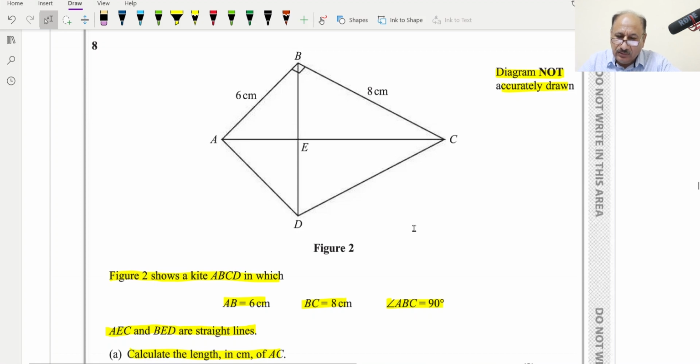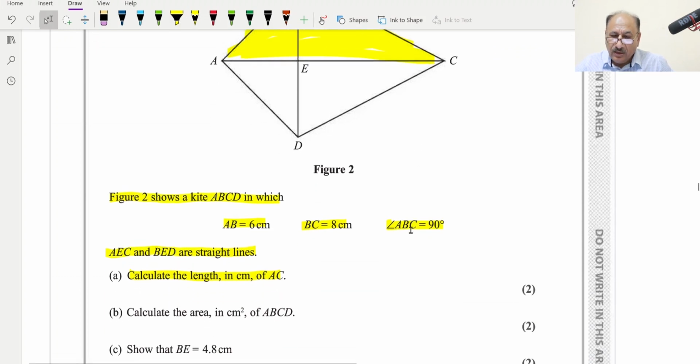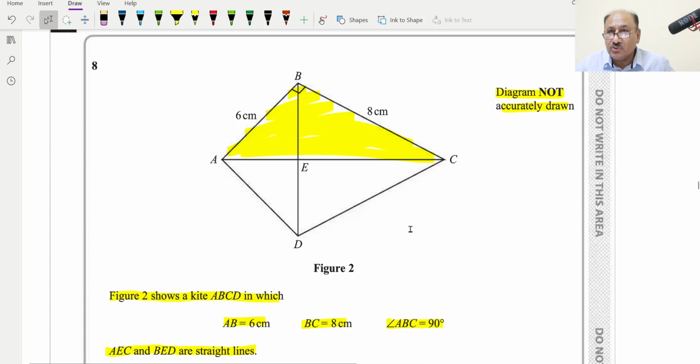First of all, since AC length is required, we can consider this whole triangle, and this angle is 90 degrees, so this is a right angle triangle, and we can apply Pythagoras theorem because two sides are already given.